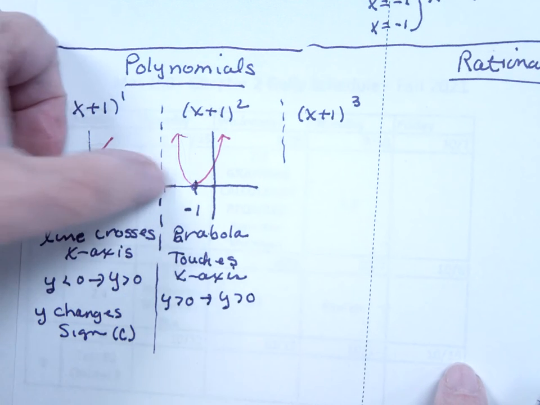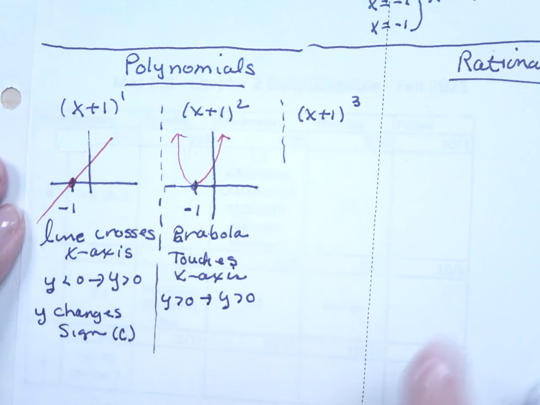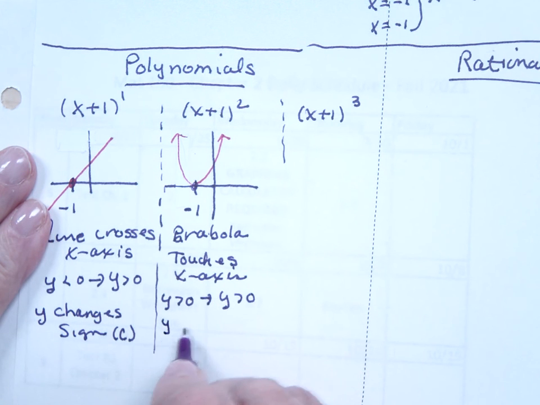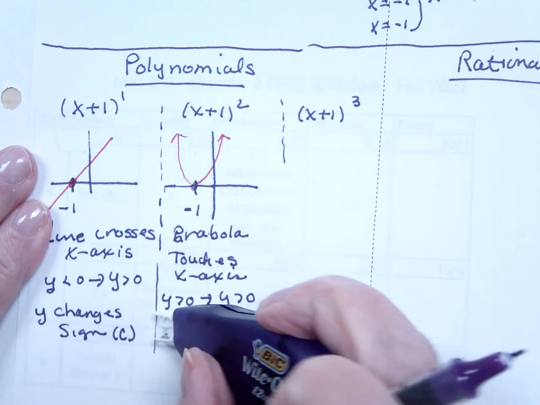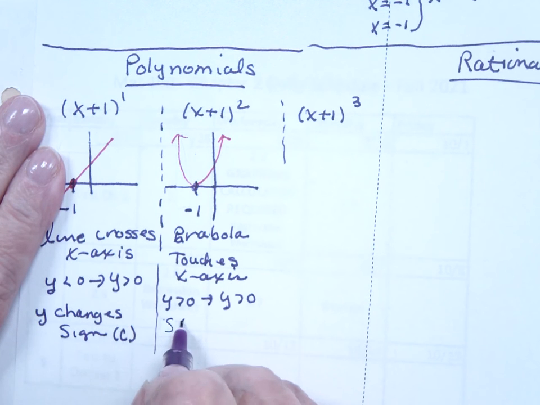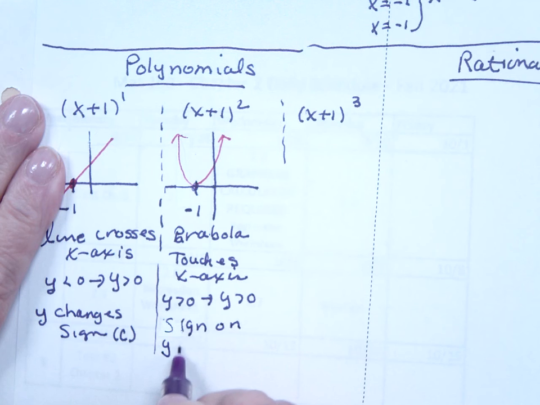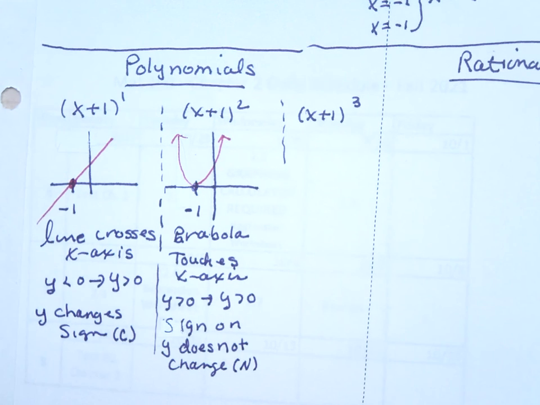So multiplicity 2, y is positive, it stays positive, the sign on y does not change. And I normally mark that with an N for no change.